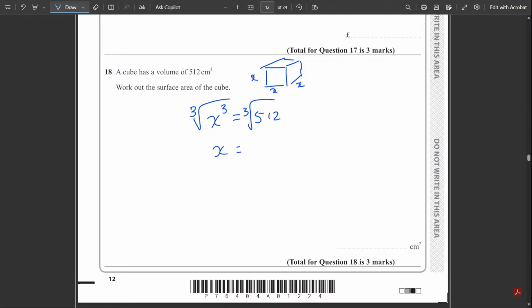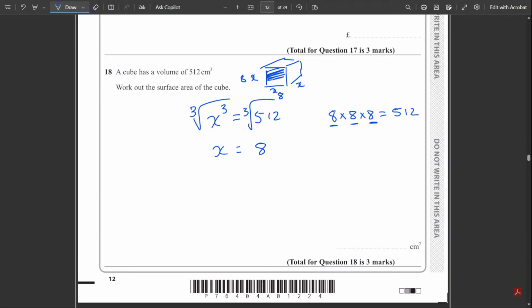Okay, so x is equal to 8, because 8 times 8 times 8 is 512. So when you do the cube root of 512, you're saying what number multiplied by itself 3 times gives you 512, which is 8. So we know the length of the cube is 8. And if one of the lengths is 8, that means all of the lengths are 8.